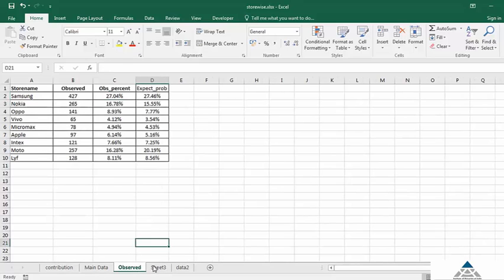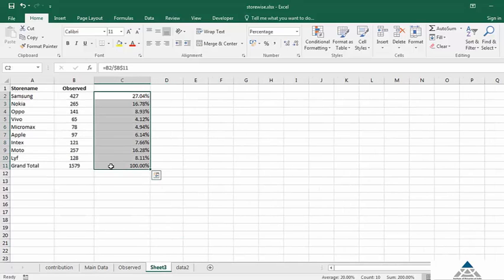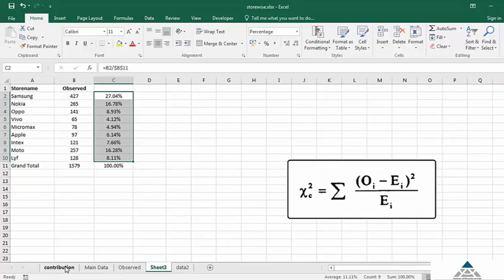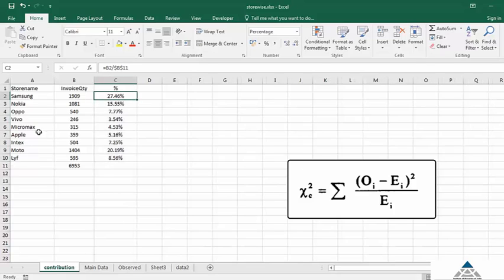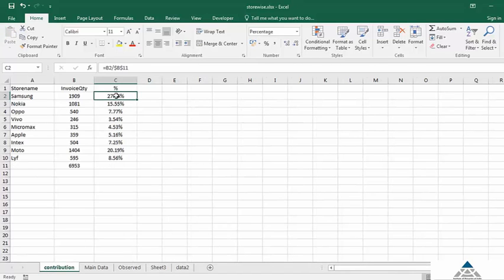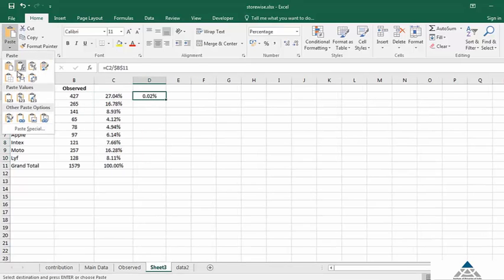We can see that the values for all the brands are slightly different from the population distribution. We have already seen the formula for this in our previous video. The test statistic is the summation of squared differences between observed and expected frequencies divided by expected frequencies. To calculate the expected frequencies, we just copy paste the values from the population tab.